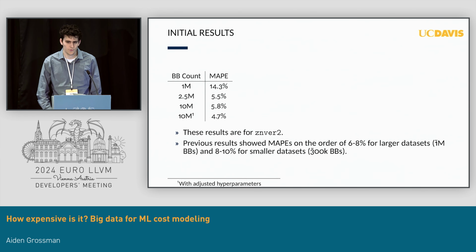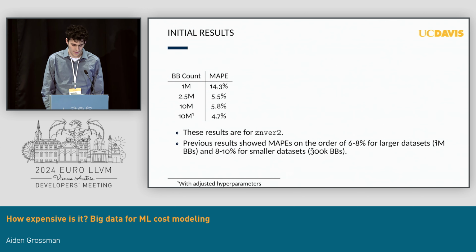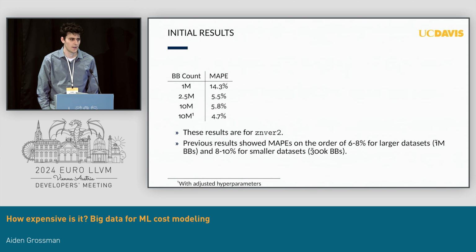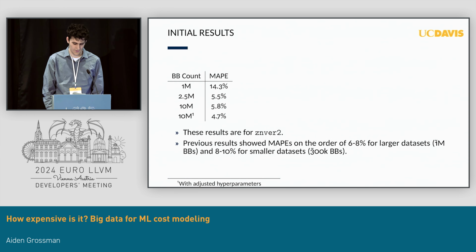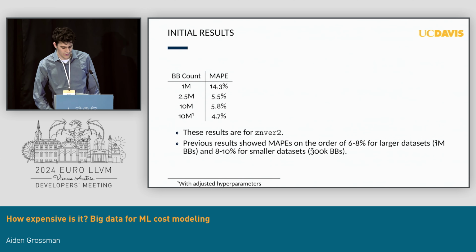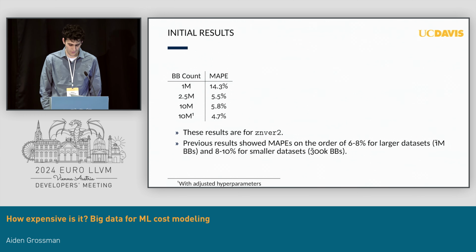For initial results, using a subset of the data set, we're getting mean absolute percent errors quite a bit less than what was demonstrated previously. These models are trained on only 10 million basic blocks. Moving on to future results, that'll be down the line.